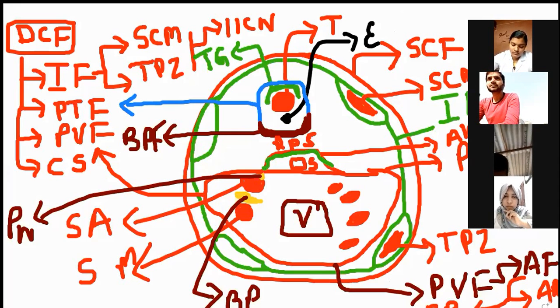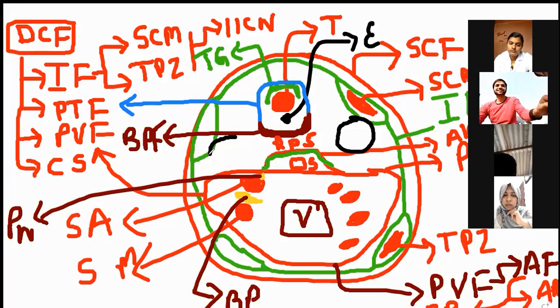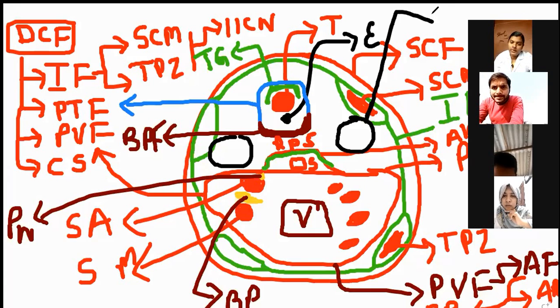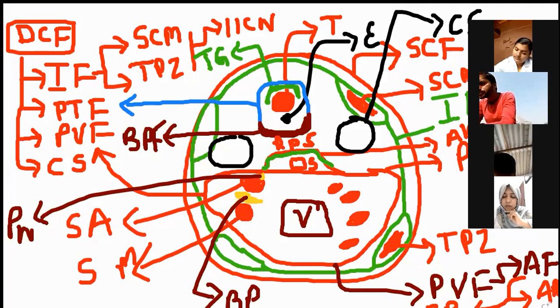Now see here, everyone. All these three fascias are forming this fascia, which I draw in the black color. And that is which fascia? That is your carotid sheath.